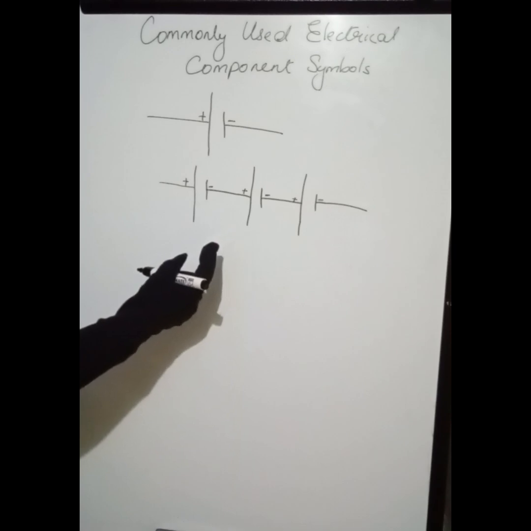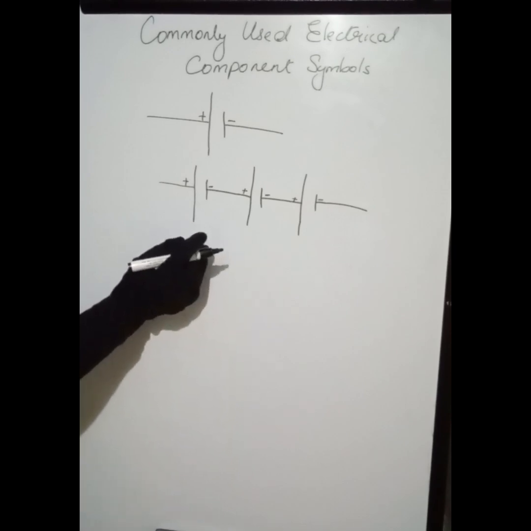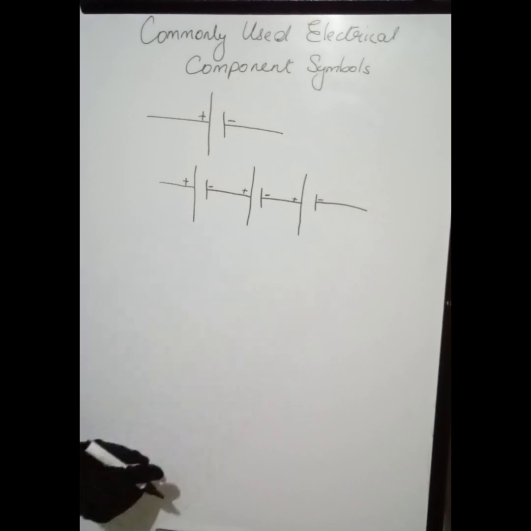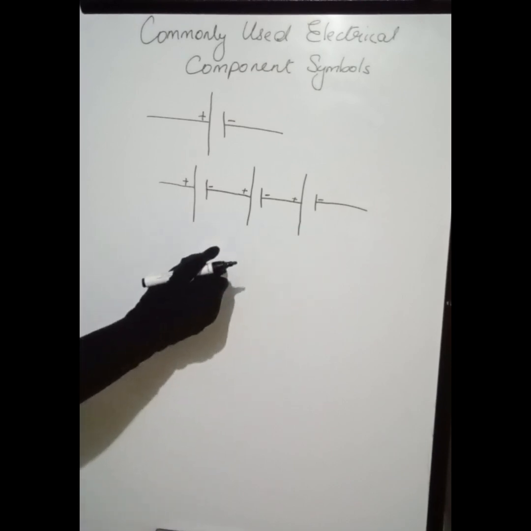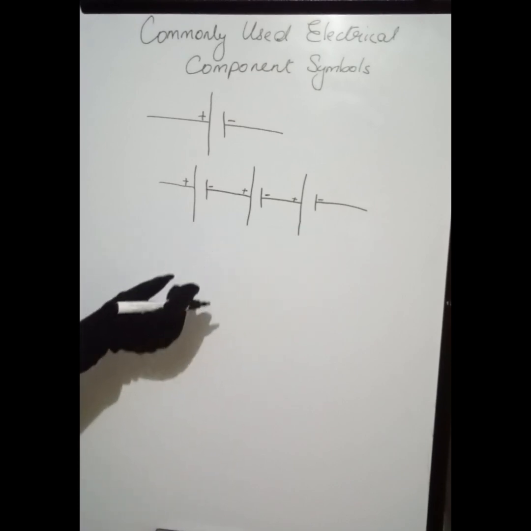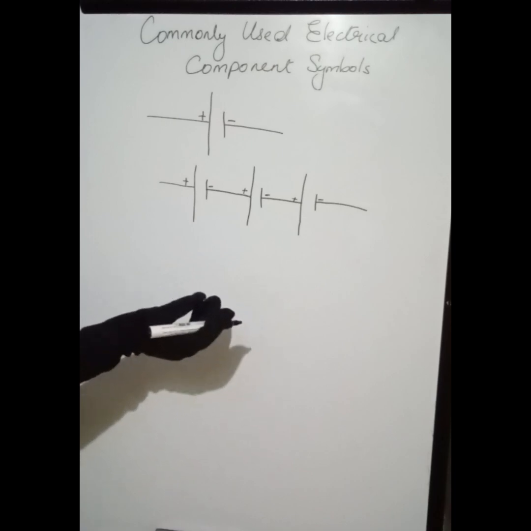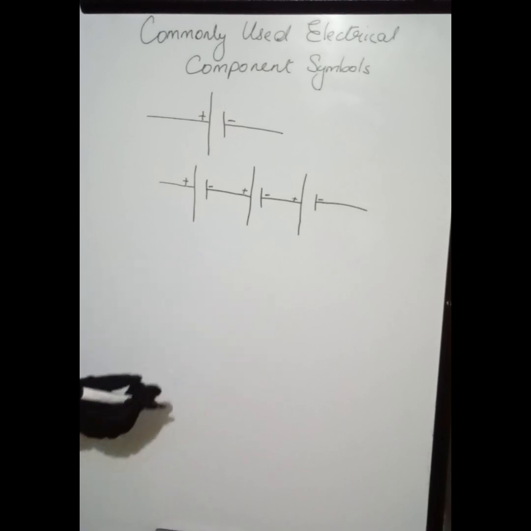You should make sure that the batteries or cells are always connected in this order. Manipulating or reversing the order will actually lead to damage of your cell or the circuit which you are constructing.